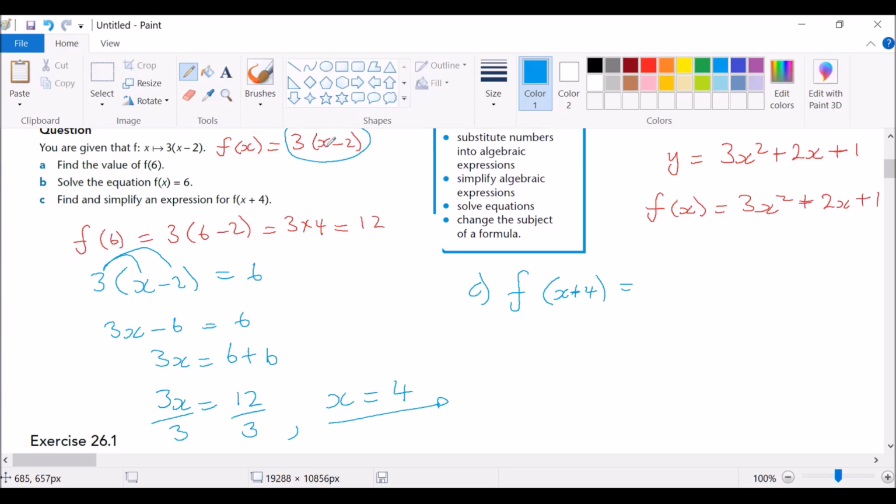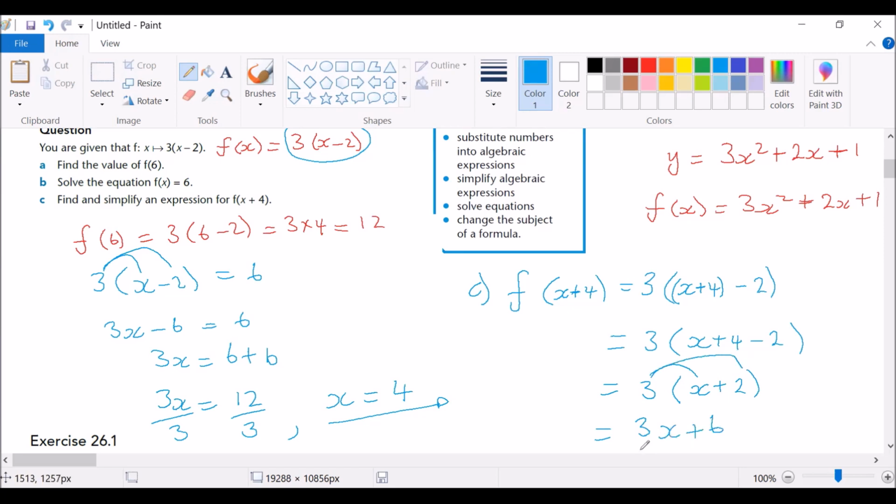So here we should also replace x with x plus 4. 3 bracket x plus 4 minus 2, where 4 minus 2 is 2. So 3 bracket x plus 2. Now we break the bracket. 3x plus 3 times 2, 6. That is our expression. Okay, let's look at another example.